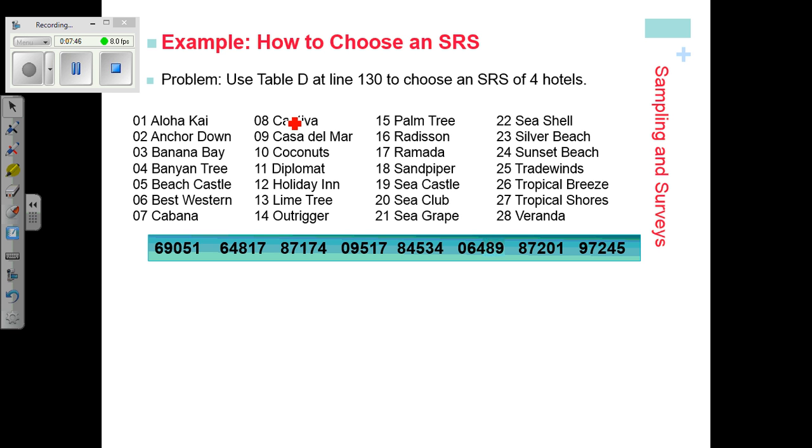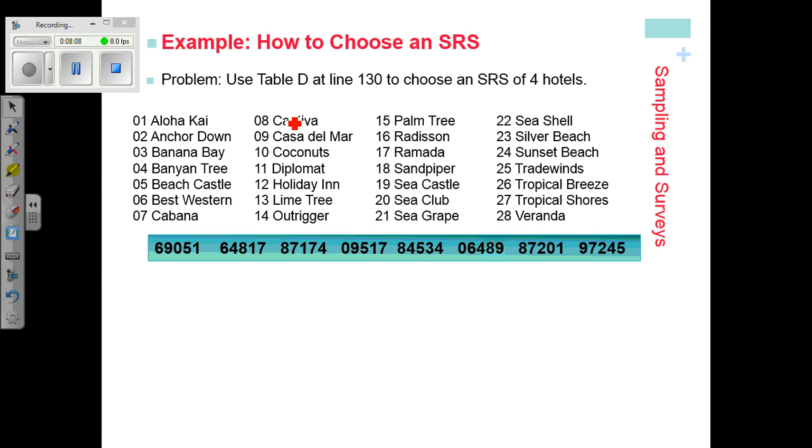So we first of all want to describe what we're doing, which is we took an alphabetical list of hotels, and we numbered them from 01 to 28. Another way we could have numbered them is 00 to 27. And so there's that list.